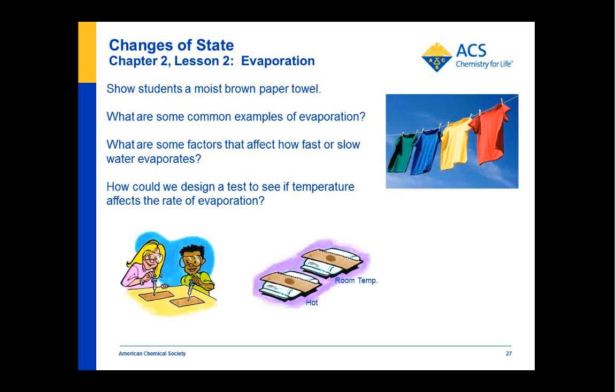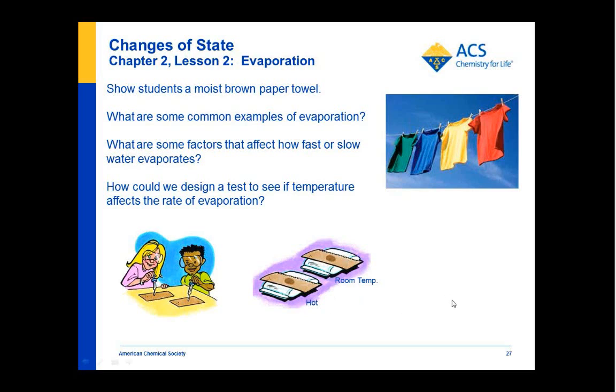But then you would ask, well, how could we actually test that here? So they've already seen you put water on a brown paper towel, so maybe there's a way to use that. So anyway, what we do is we have kids put a little bit of hot water. You don't need much. This picture implies that these bags are full of water, but they're not.